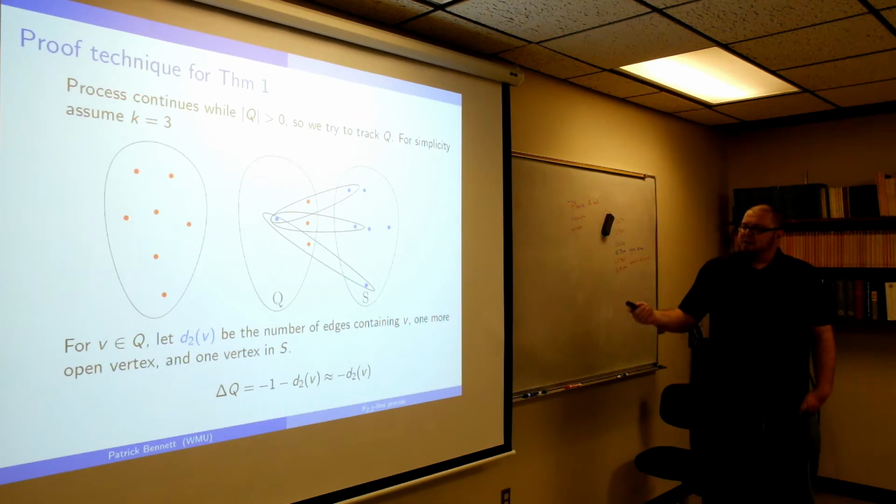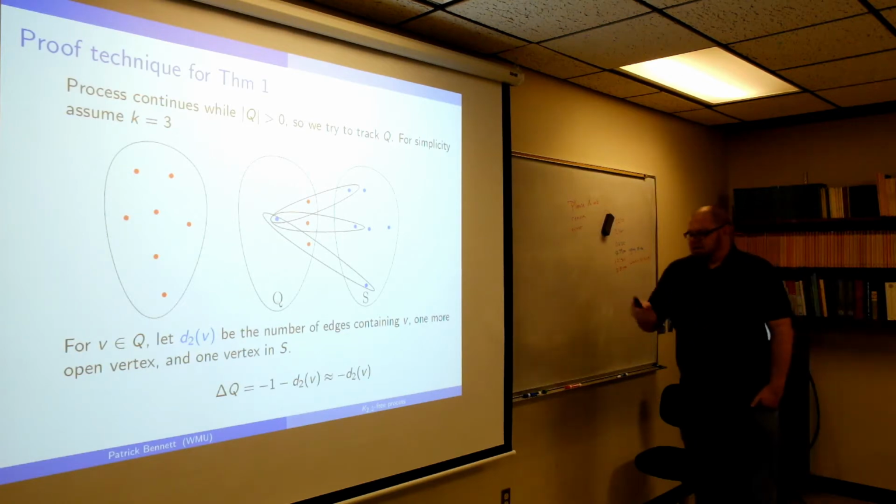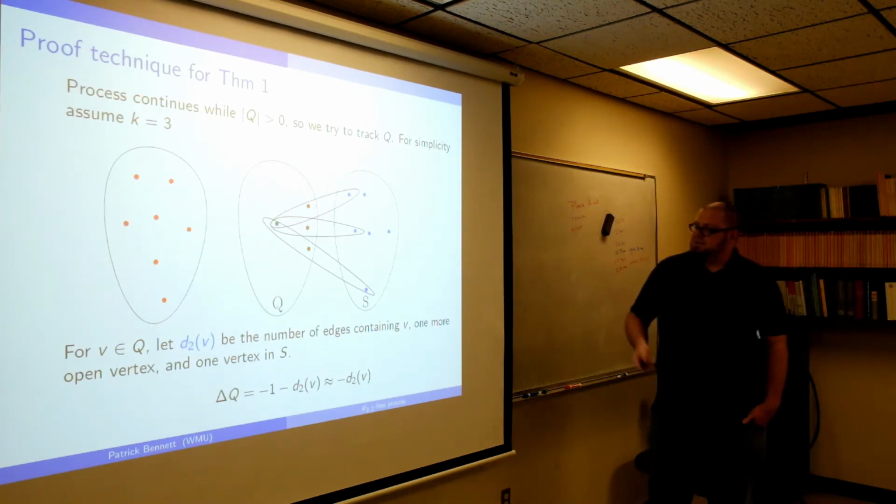So the question is how many turn red. It's easy to understand how many turn blue, which is one per step, but it may be a bit harder to understand how many turn red. So we define this other variable, d2 of v. Let me go back just 2 steps.